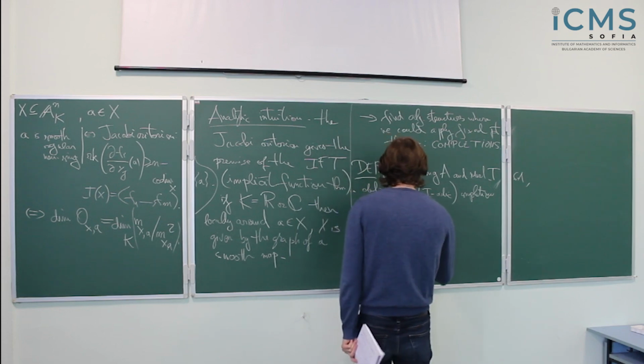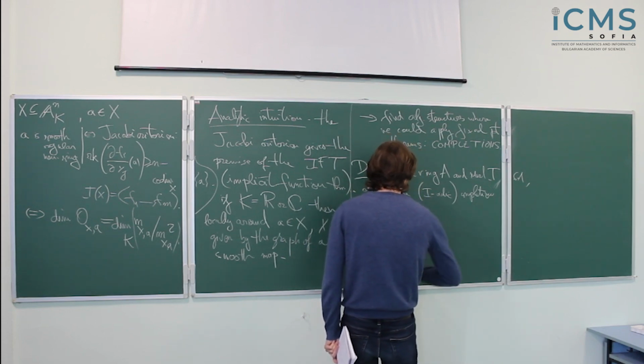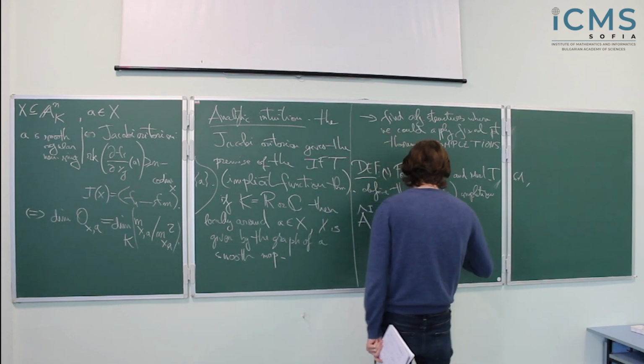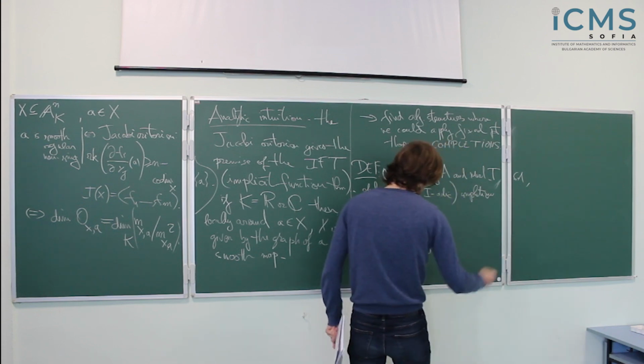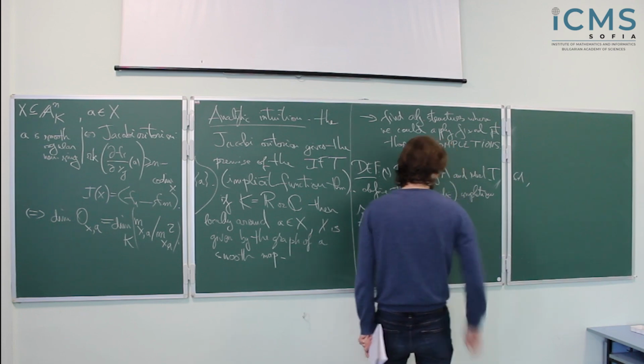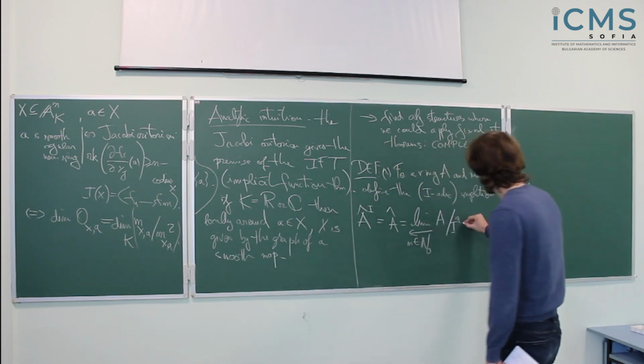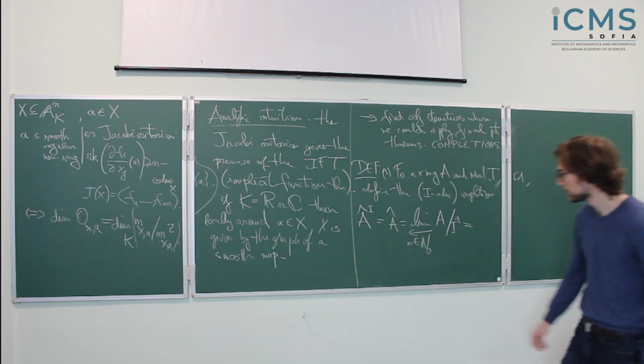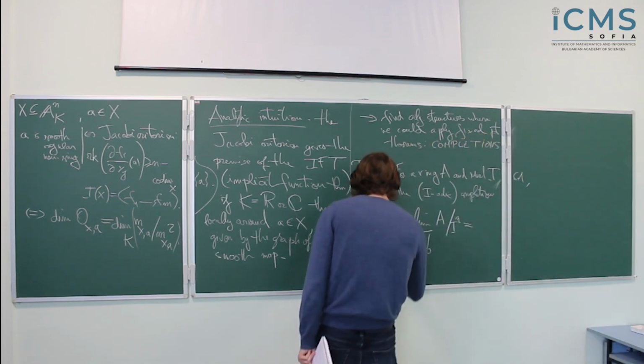Okay. So what is this? This is the projective limit of these quotients A modulo I to the power n, beginning with 0 if you want. And don't worry, I'm going to explain what this construction is.